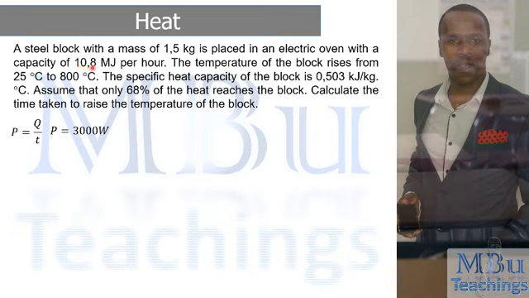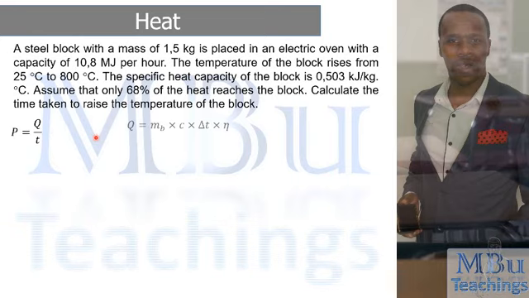This 10,8, you will say 10,8 times 10 raised to 6, because that is mega, divided by an hour. So an hour is 60 by 60, which is 3,600. So that value divided by 3,600, it will give you this amount. So that will be your power. I hope it makes sense. If it doesn't, you should play again.